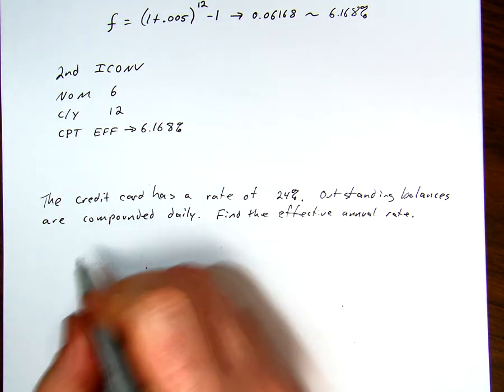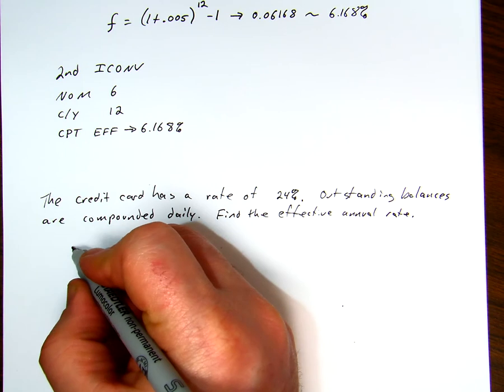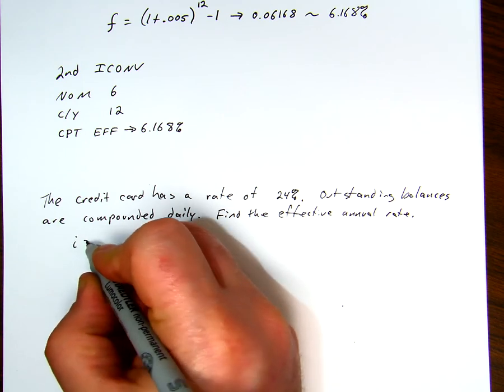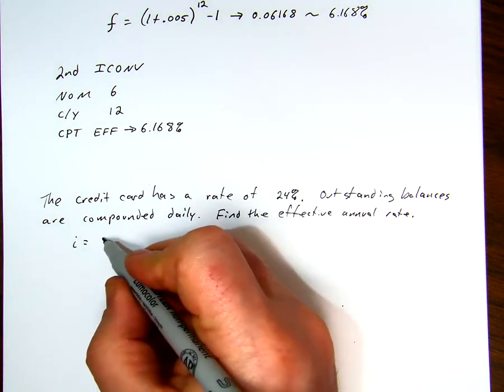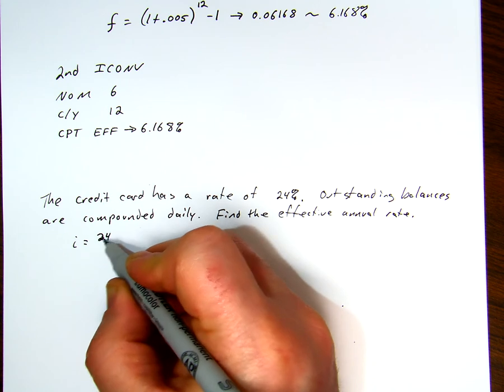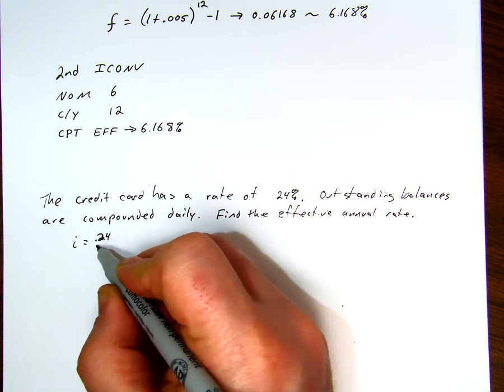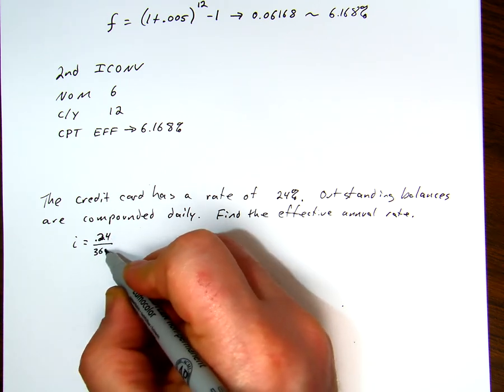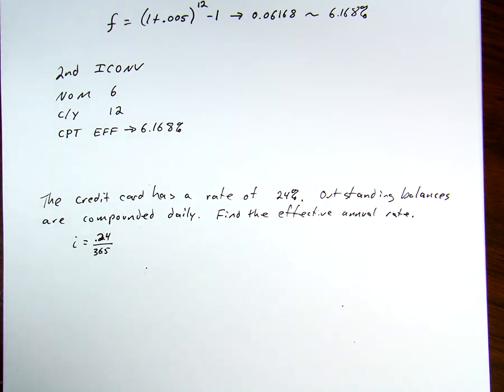So in our problem here, our I is going to be 24% over 365, and we can calculate an I. Or we can use the values in our calculator.